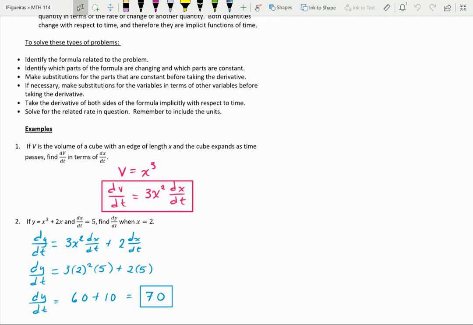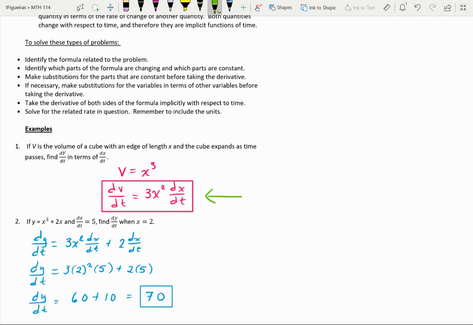So if this cube is expanding, both the volume and the edge are changing. Therefore, the derivative of volume is dV/dt. The derivative of the right side is 3x squared, that's your power rule, followed by the derivative of x, which is dx/dt. So the formula that we were asked for, to find dV/dt in terms of dx/dt, is what you see right here in the pink box.